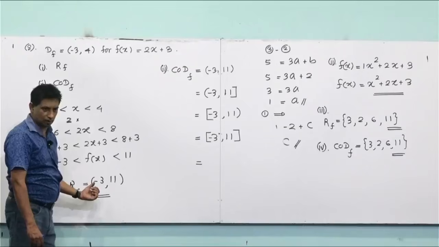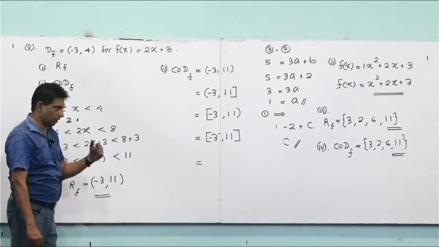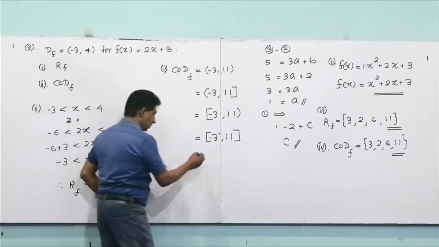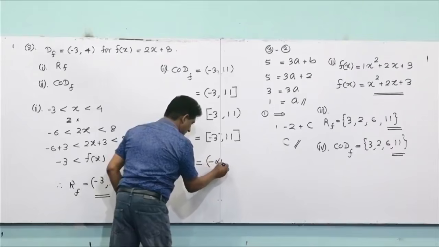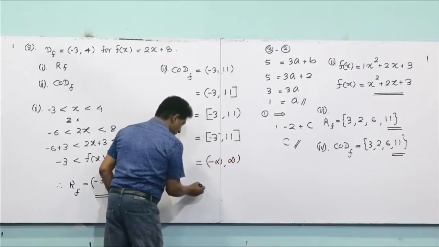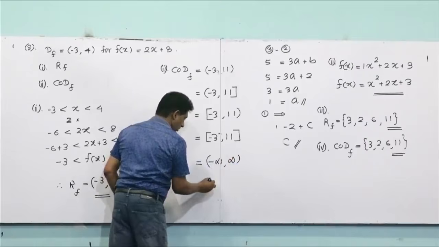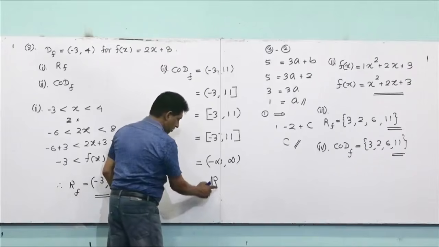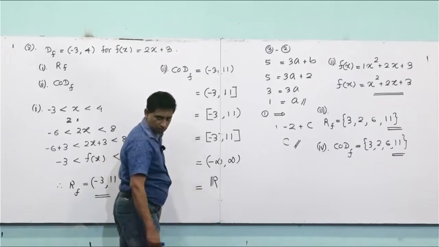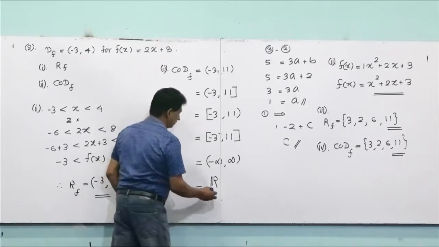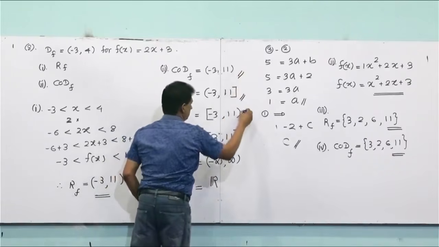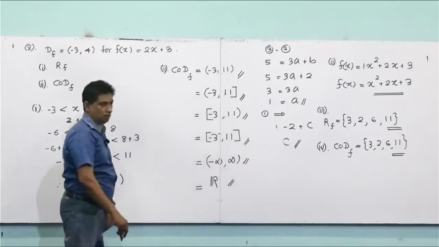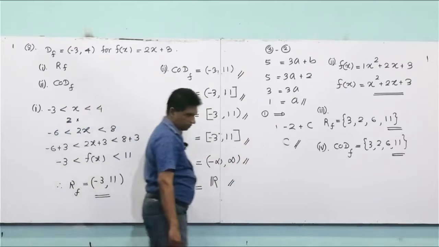Then that set is in between minus infinity and positive infinity, right? So you can write minus infinity comma positive infinity. Another easy method is capital R with a double line, the notation for the real number set. Any answer should be accepted as the codomain. Okay, write down this.